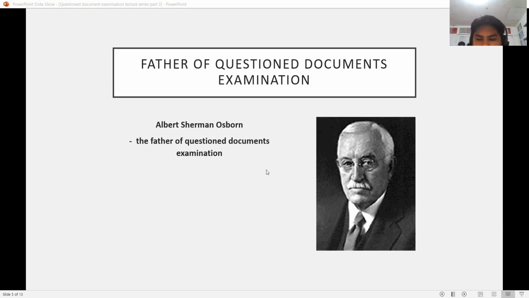While in 1913, Osborne began inviting select practitioners to informal educational gatherings hosted in his home, and those meetings eventually led to the formation of the ASQDE, and he became the society's first president and was involved intimately with the discipline and society until his death 4 years later. Okay. And Osborne was involved in a number of high-profile cases during his time. Okay.